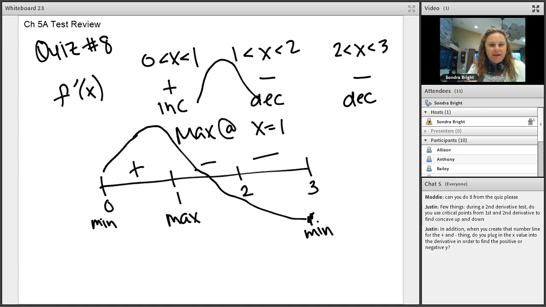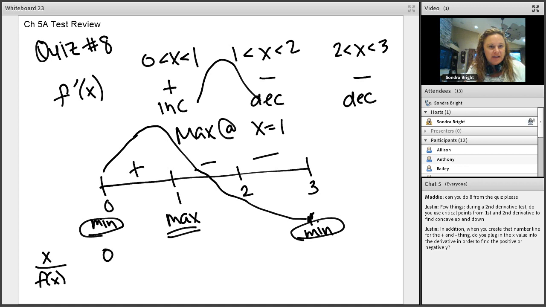But they wanted to know absolute, right? So this one is definitely our max, and then which one of these guys, either x equals 0 or x equals 3, is the min. And so what you want to know is what are your y values. But we have a table for that. On the first table, it says x and then f of x. And so that's your y values.